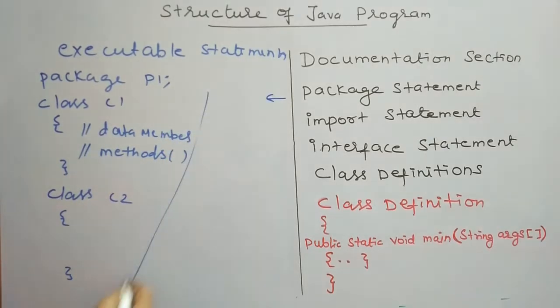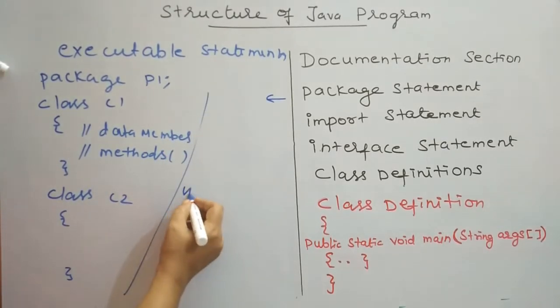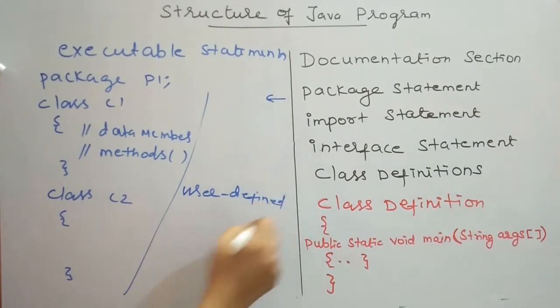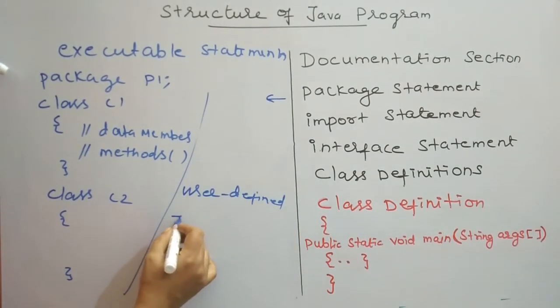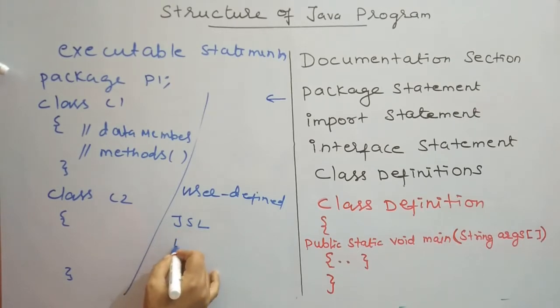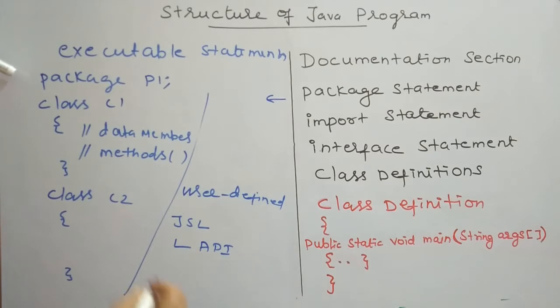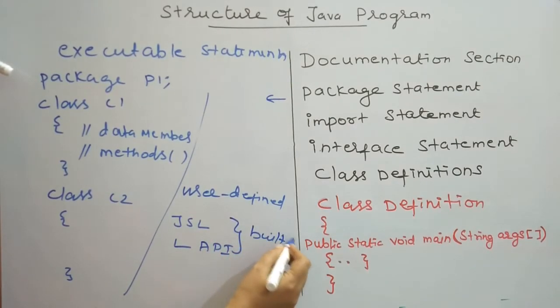We have two types of package. One is user defined, where the package is defined by the user. And the Java standard library, your Java API, application programming interface, supports thousands of class definitions. These are all built-in packages.